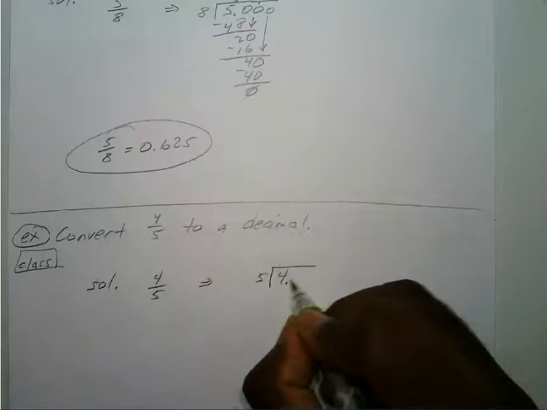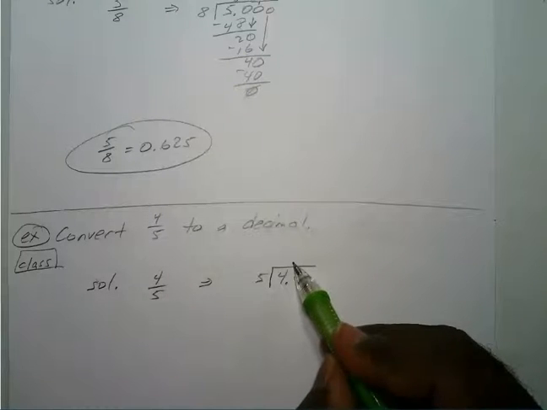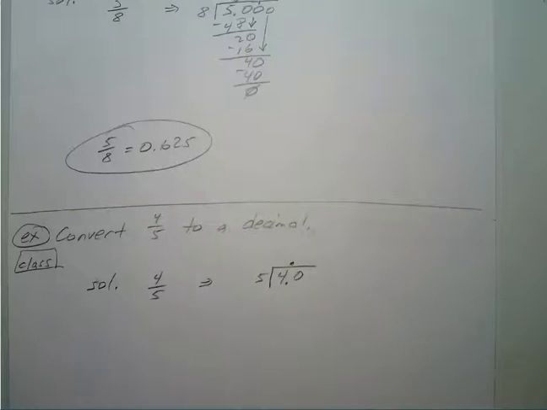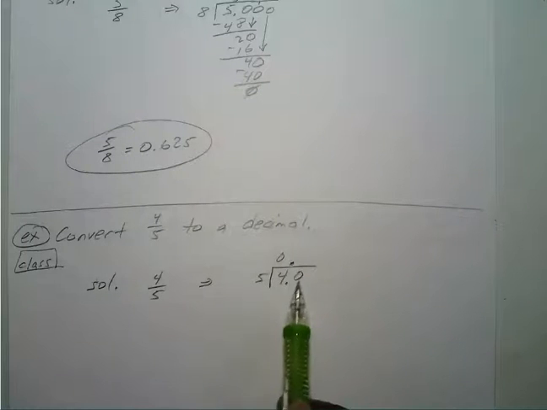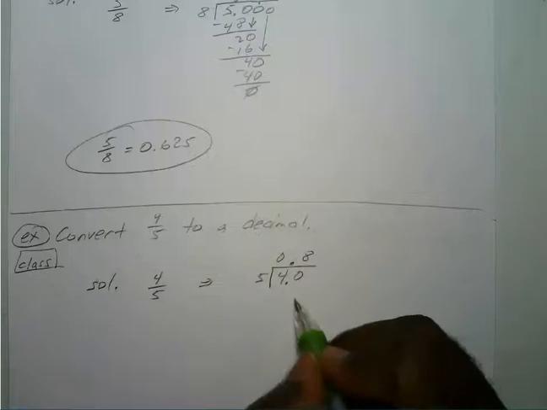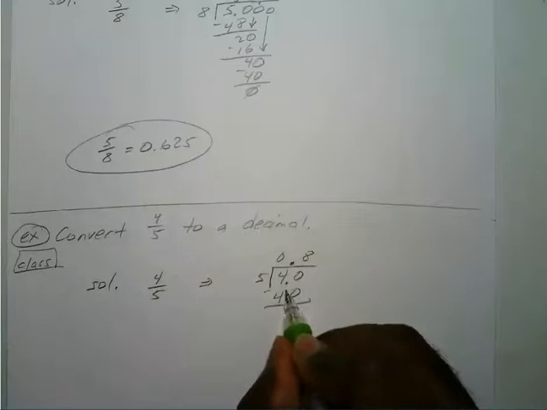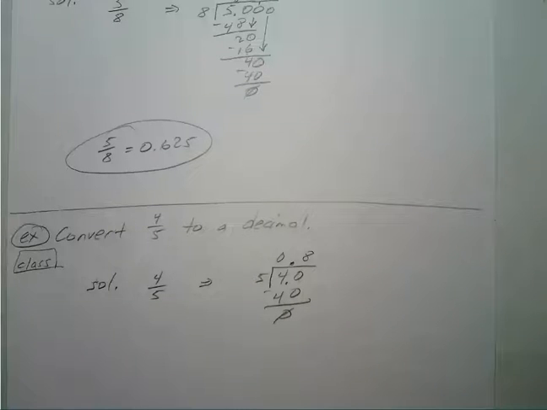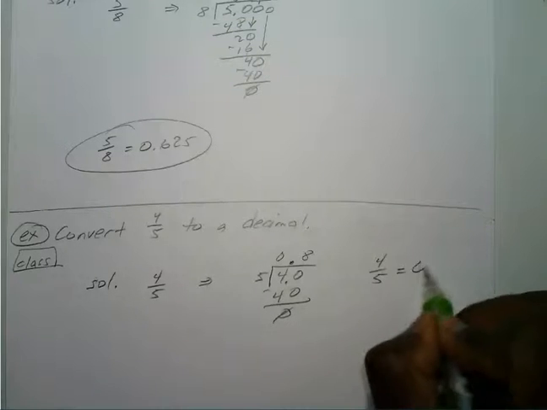And instead of 4, we'll make this 4.0. And remember, your decimal just goes straight up. So 5 goes into 4? Well, it doesn't. 5 goes into 40 8 times. 5 times 8 is 40. We subtract. 40 minus 40 is 0. So you are actually done because your remainder is 0. So we know that 4/5 is equal to 0.8.